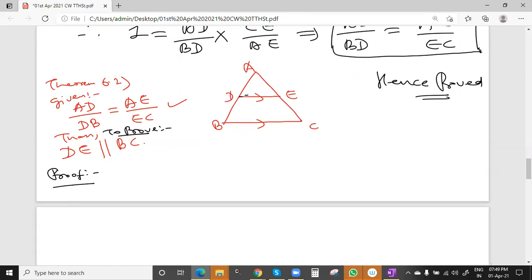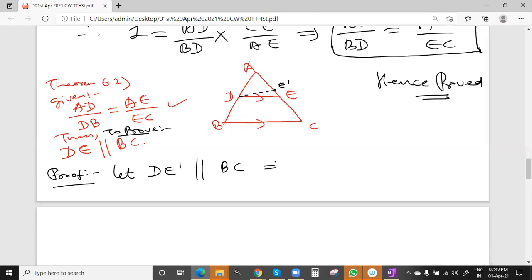We take any point, say E dash, and let us take DE dash as parallel to BC.